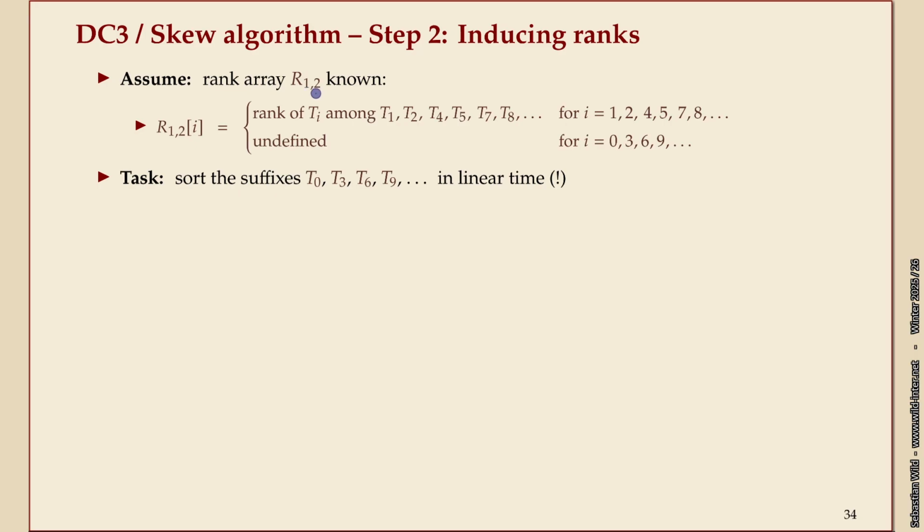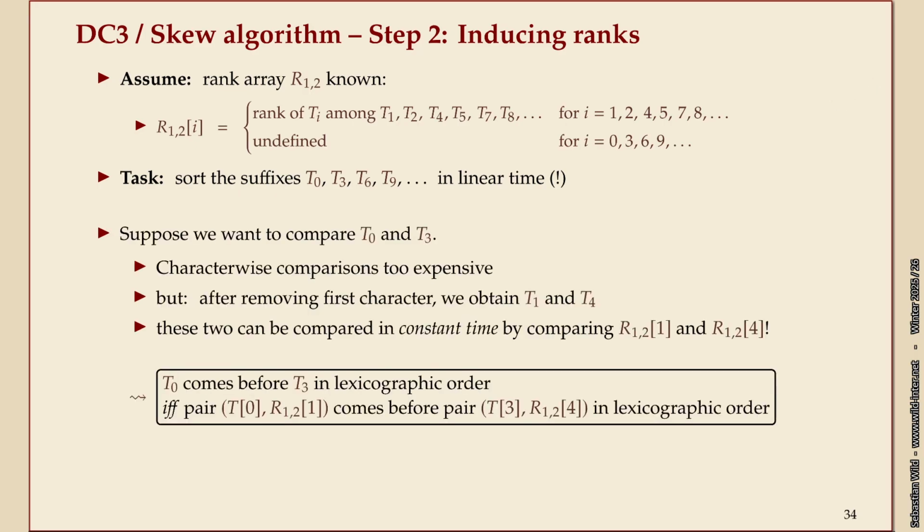So the 1, 2 stands for the remainder by division of 3 of the starting index. That's these guys. And knowing their ranks, we want to sort the suffixes that do start at a multiple of 3. How could we do that? And in linear time, please.